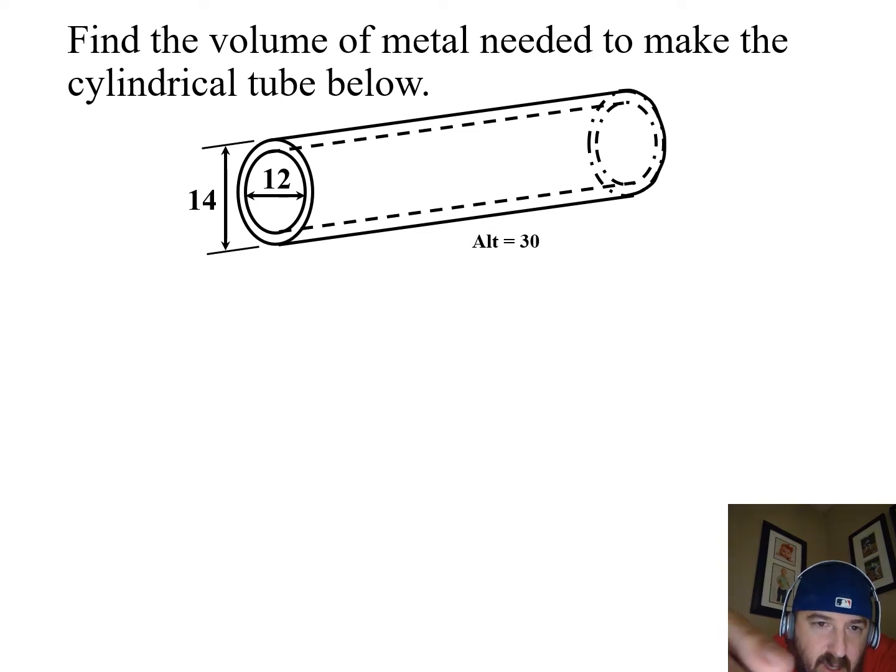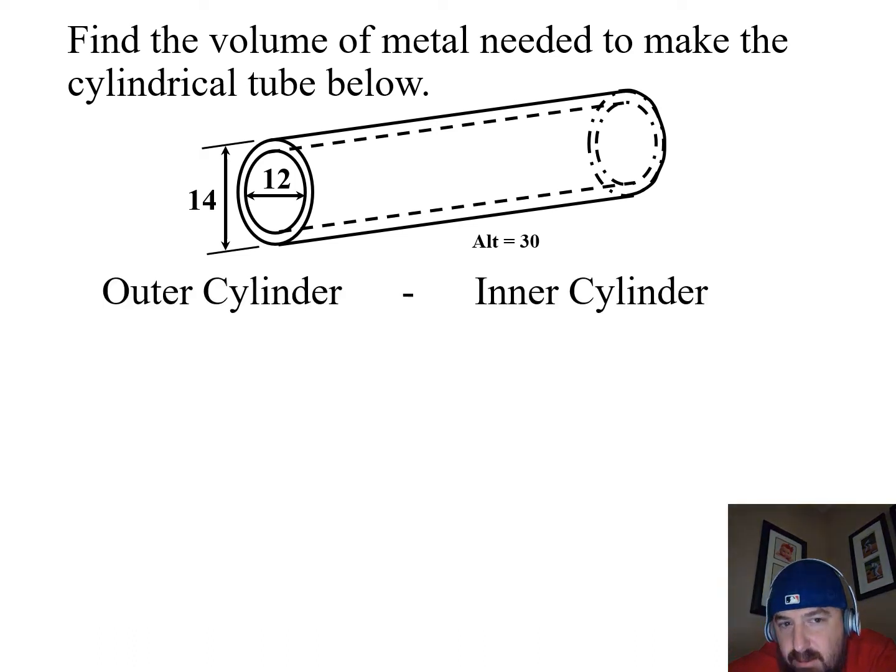But for a shape like this, where it's one shape subtracted out of the middle of another shape, picture this cylinder being all one piece and then someone coming through and drilling a hole out from the middle of it. So when it's like this, you don't add the two volumes together. You actually subtract them from each other.